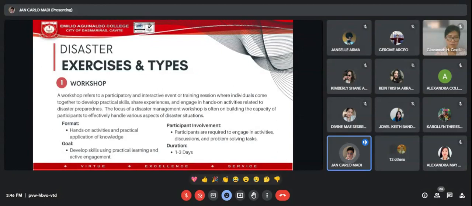So, meron po silang group activities, meron po silang pinapagawa ng mga bagay. So, yung example po nito is yung ginawa po natin sa basic life support. So, rather than po nakaupo tayo sa kanila tapos nakikinig lang kung paano po gagawin tapos demo nila, tayo po yung pinapagawa nila para mas matuto po tayo. So, ang duration po nito nag-vary from 1 day up to multiple days po.